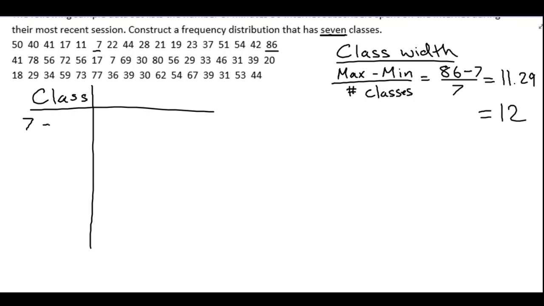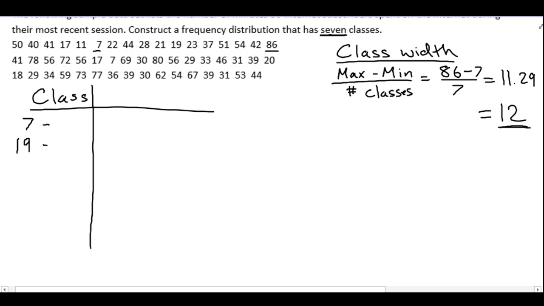So instead, what you could do is take your class width, which is 12, and simply add it to 7. When you do that, though, that doesn't tell you the end of your class. It instead tells you the beginning of the next class. If I take 7 plus 12, which is 19, that gives me the beginning of the next class value. Now, you can do that all the way through your 7 classes.